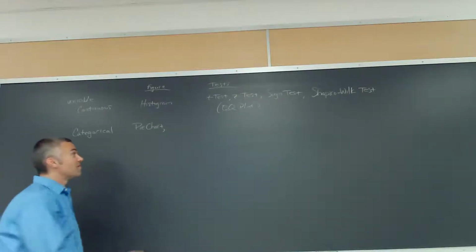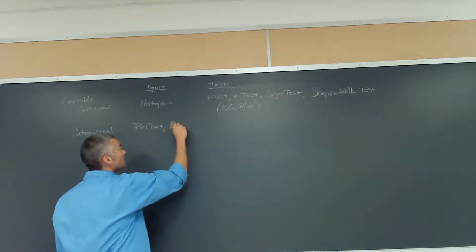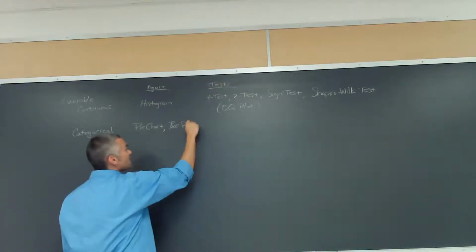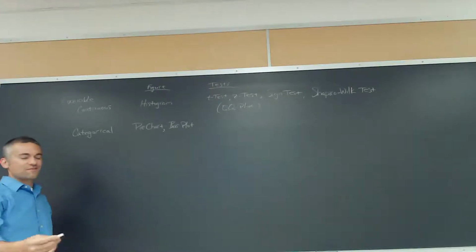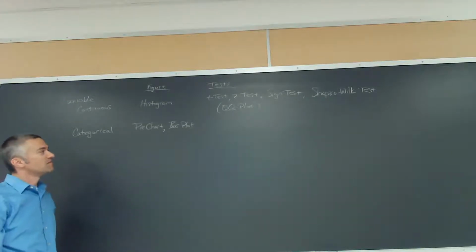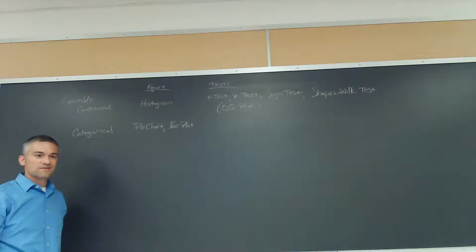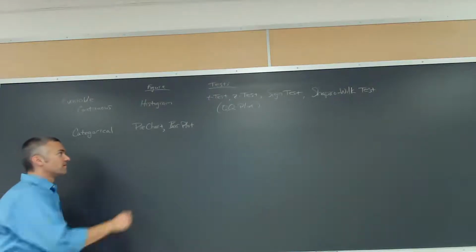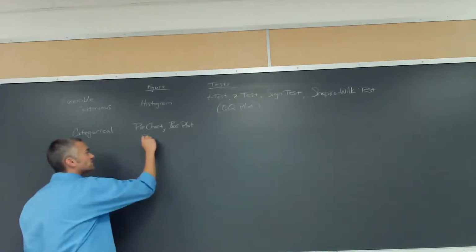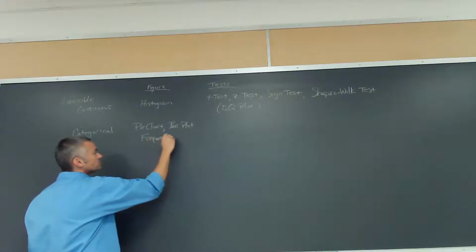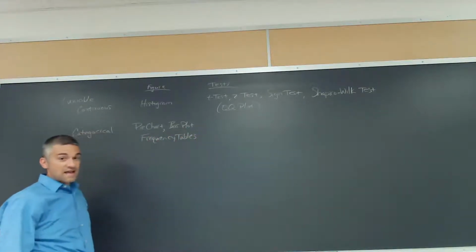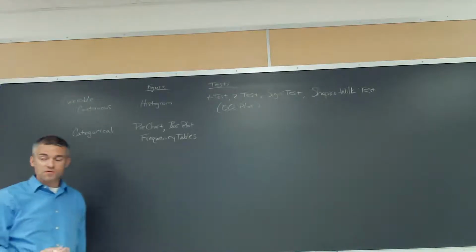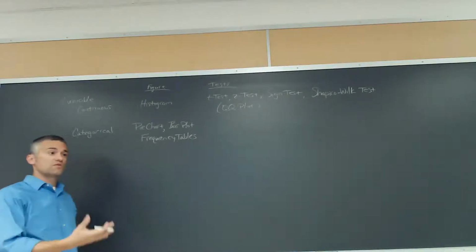Yeah, a bar plot is also going to show our frequencies, right? There's one other thing that we can do. Frequency tables. So you might not think of that as a figure, but a table is an appropriate way to illustrate your data, to show your data.